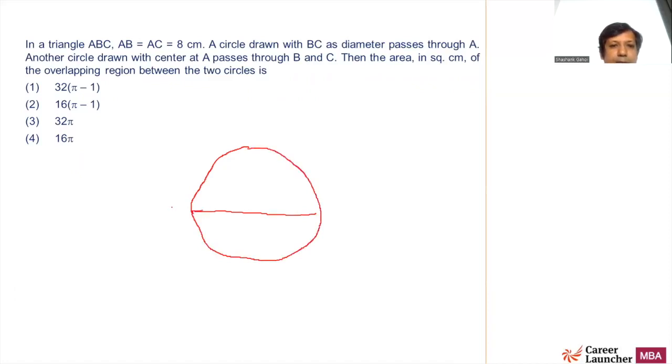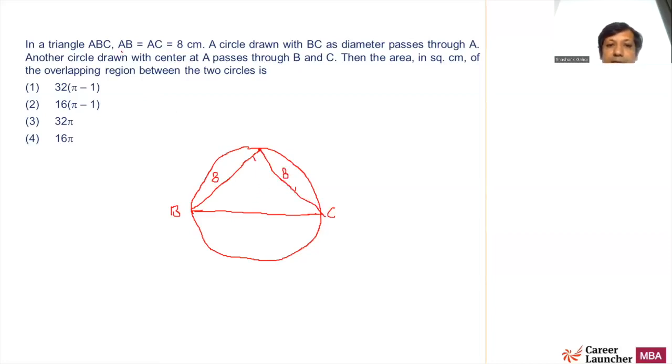So this is my point B, this is my point C. And it passes through A. Now this is an important point, that it passes through A, and this length is 8. This length is also going to be 8 because the question is saying AB and AC are equal to 8.